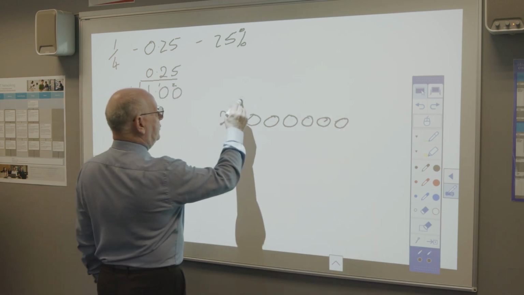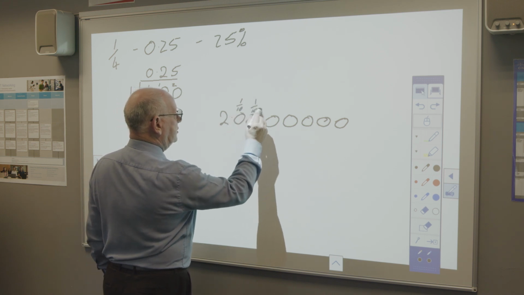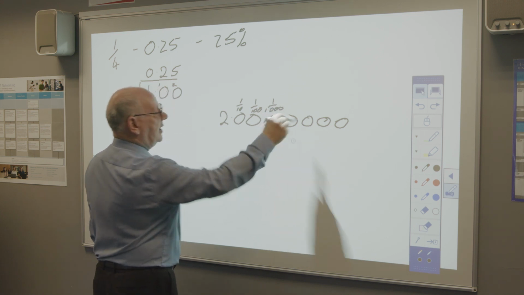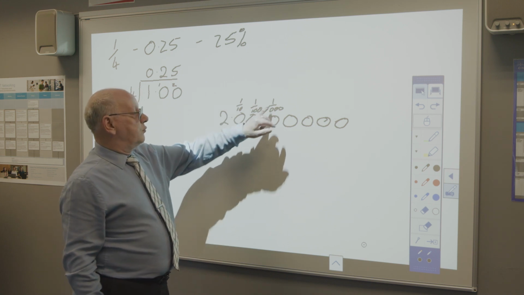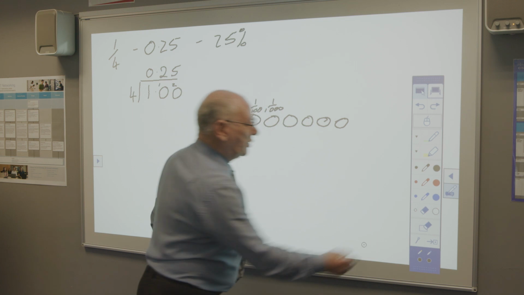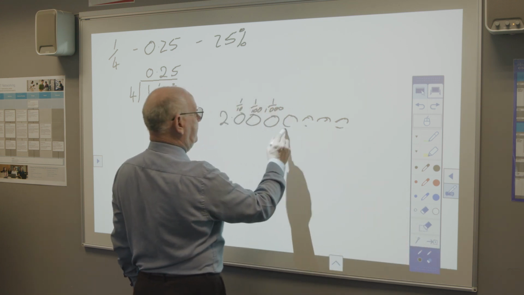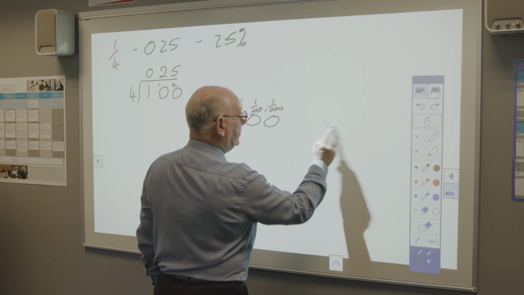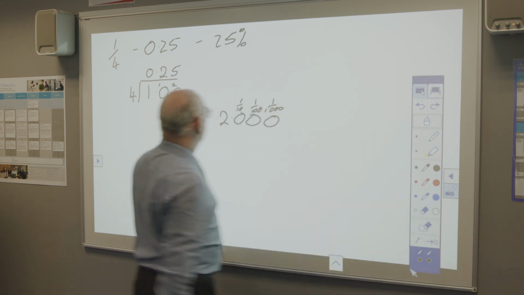Because after a decimal point, you've got tenths, you've got hundredths, you've got thousandths, etc. We normally stop at 3 zeros because 1/1000th of anything isn't accurate enough. So you don't normally see any more than 3 after the decimal point, unless you need to be mega accurate. So that's where the zeros come from.